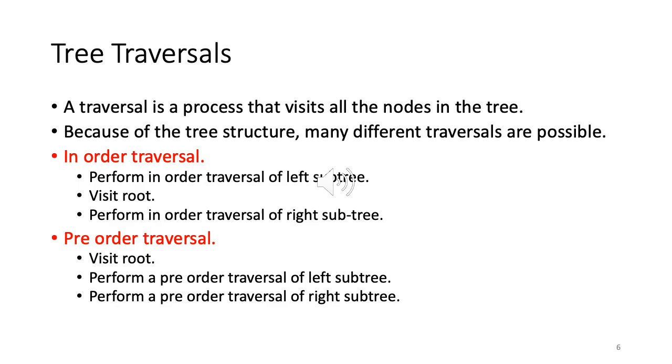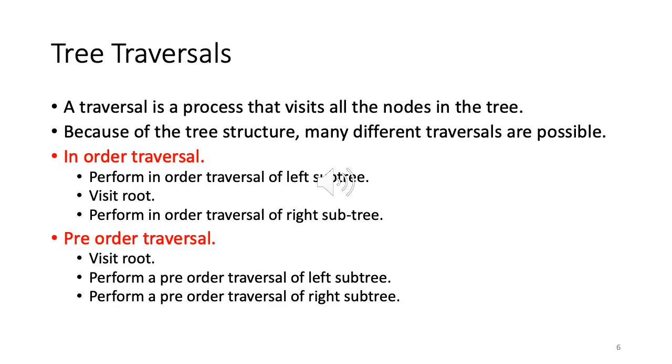So in-order traversal, the first one: perform an in-order traversal of the left subtree, visit the root, perform an in-order traversal of the right subtree. When you look at a tree, you'll have a root, a left subtree, and a right subtree.